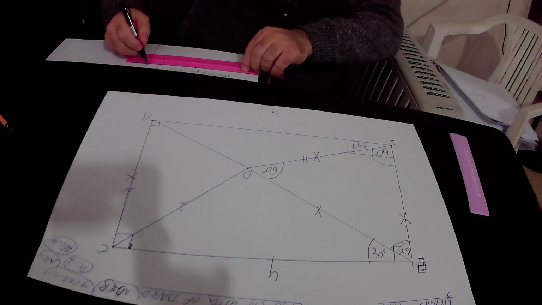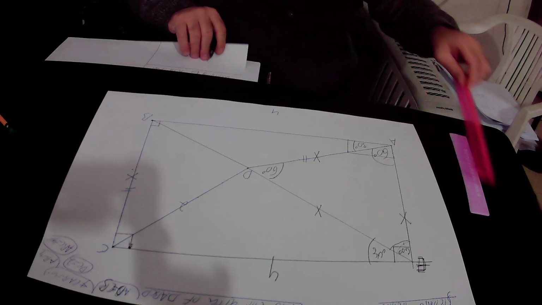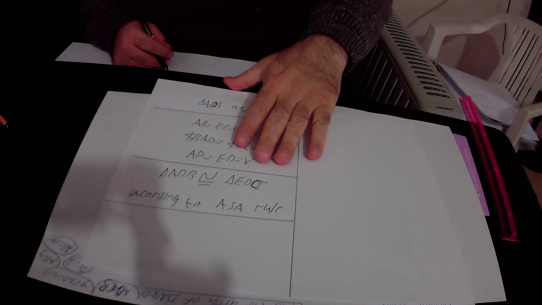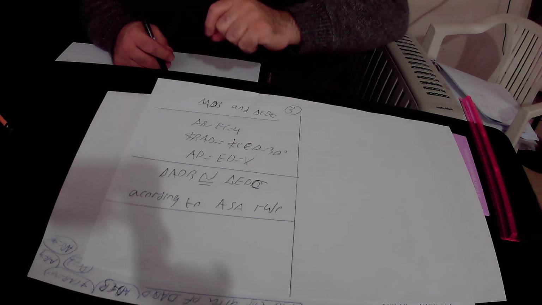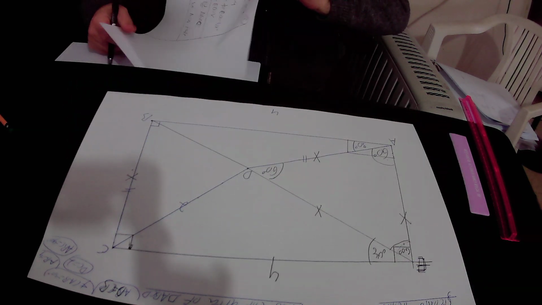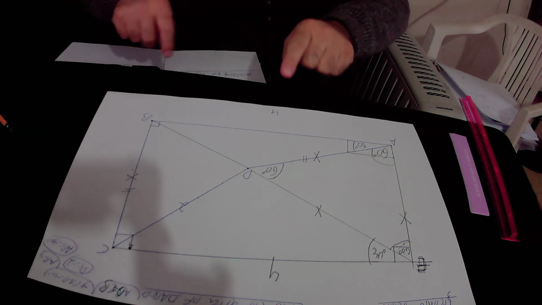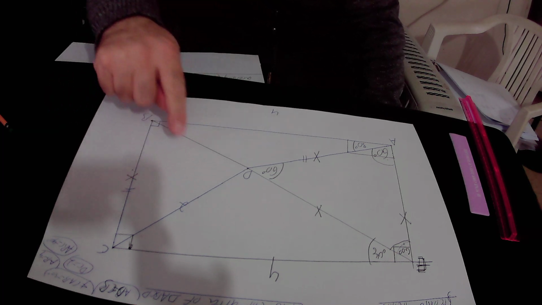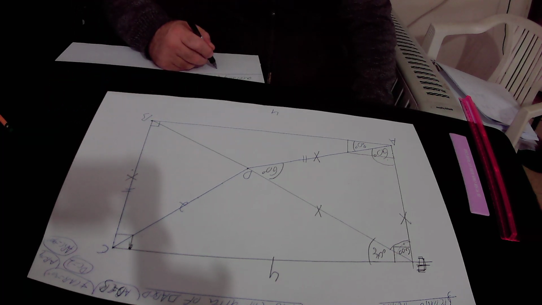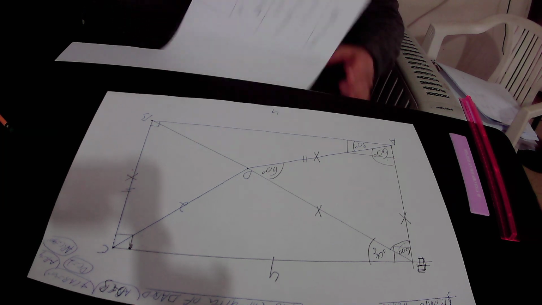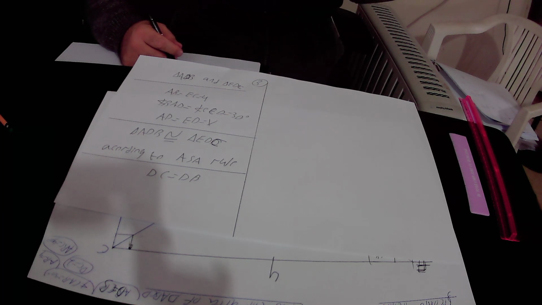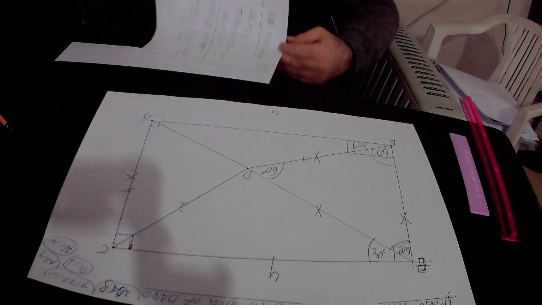From the fact that those two triangles are congruent, we conclude that DC equals DB, according to the rule that corresponding sides in congruent triangles are equal to each other.